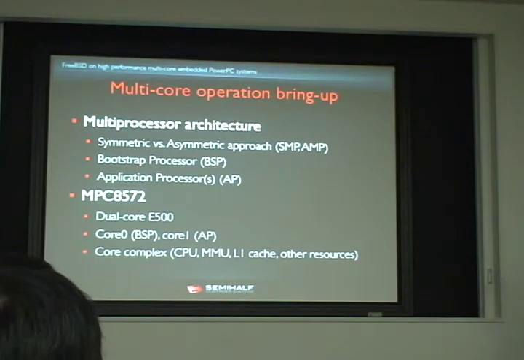The main goal and focus of this project was bringing up the dual core operation and making FreeBSD PowerPC aware of SMP. There wasn't any FreeBSD PowerPC running on an SMP machine at that time. As for basic nomenclature, when you have multiple processor architectures, there are a couple of approaches.